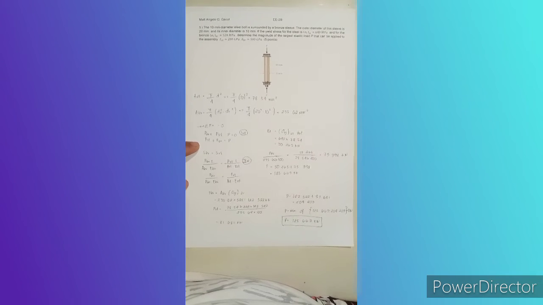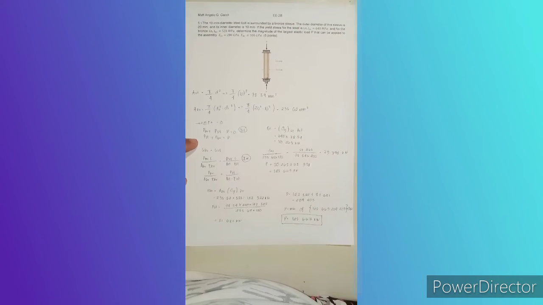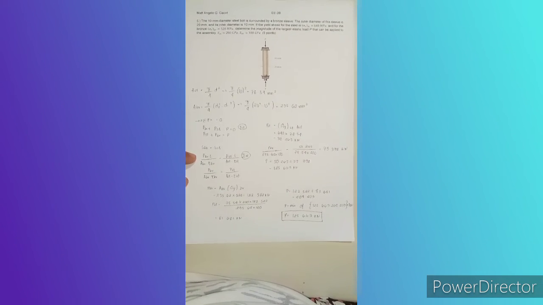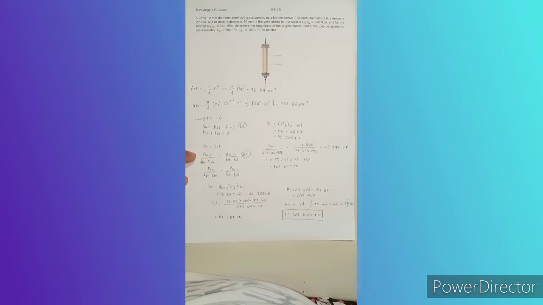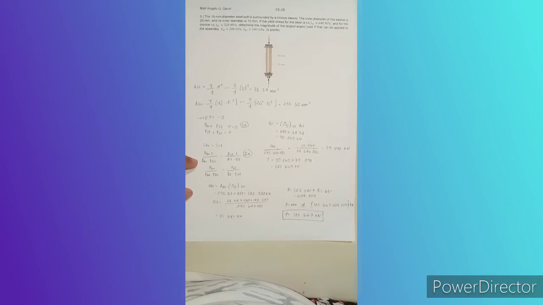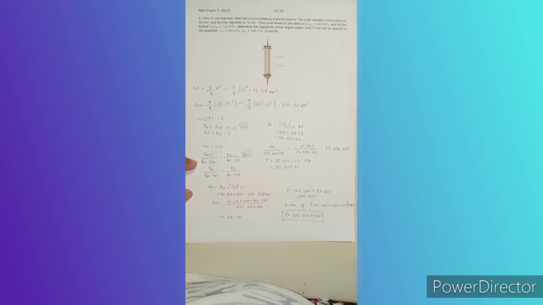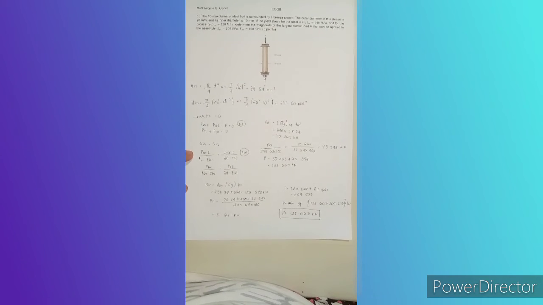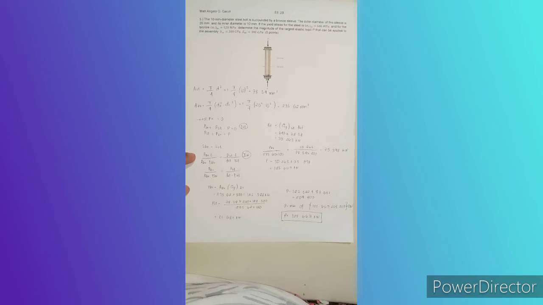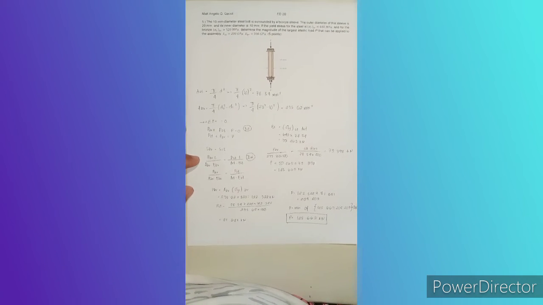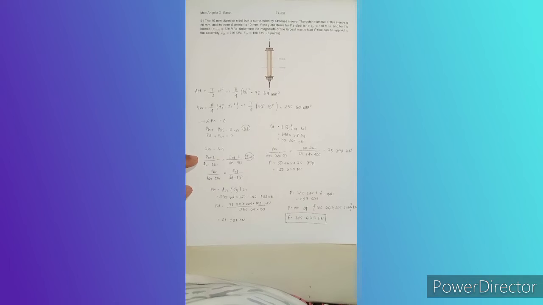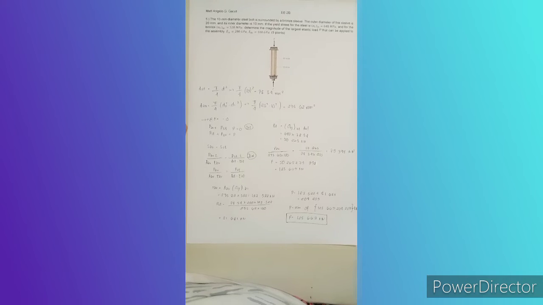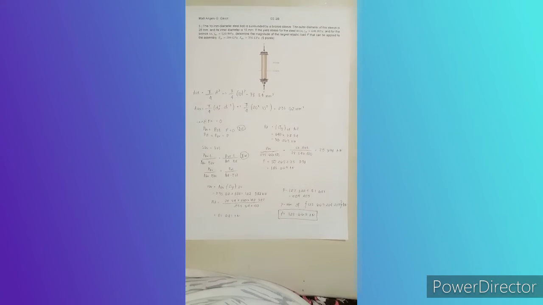So PST plus PBR is equal to P. So δBR is equal to δST, PBR L all over ABR EBR is equal to PST L all over AST EST. So PBR all over ABR EBR is equal to PST all over AST EST. So that's a conversion of the formula.